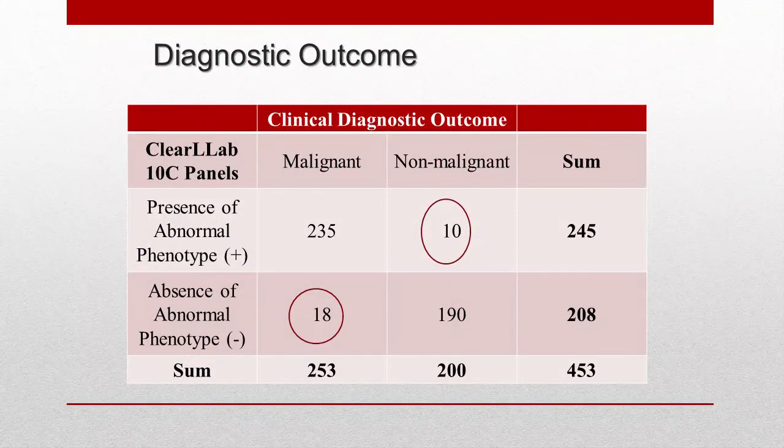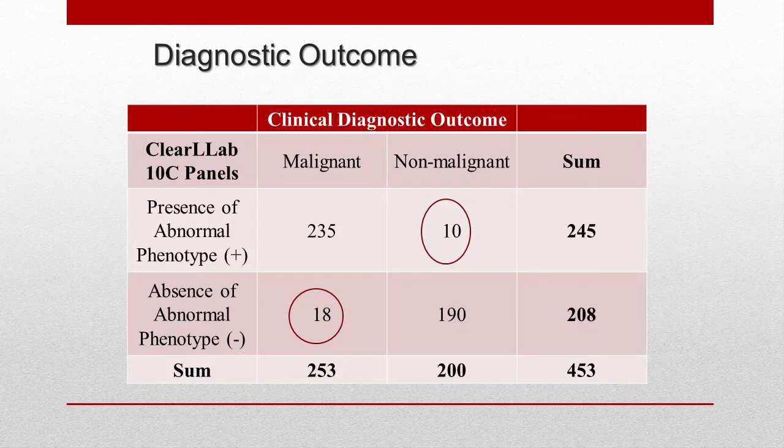So when we look at the actual table to see how well the ClearLab panel did, the clinical diagnostic outcome was determined from a range of tests done within the reference laboratory, so lots of these patients were diagnosed with disease with multiple modalities, so pathology, cytogenetics, all of these clinical findings all coming together to give a clinical diagnosis.